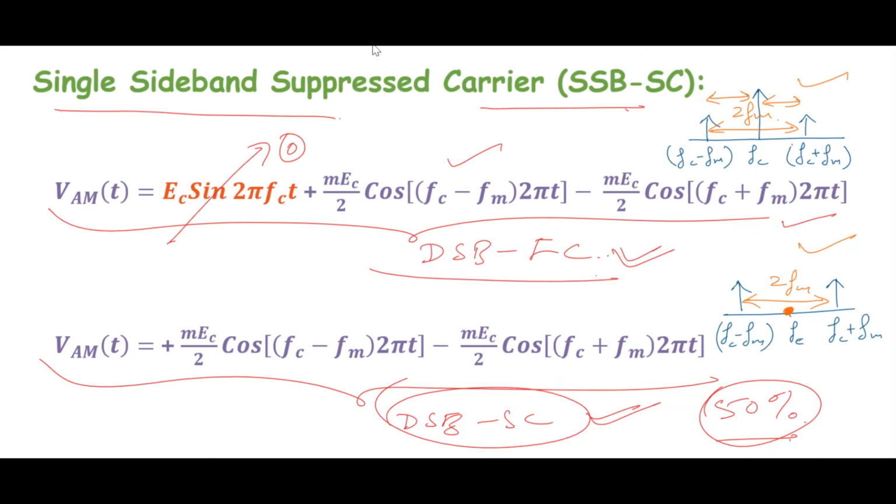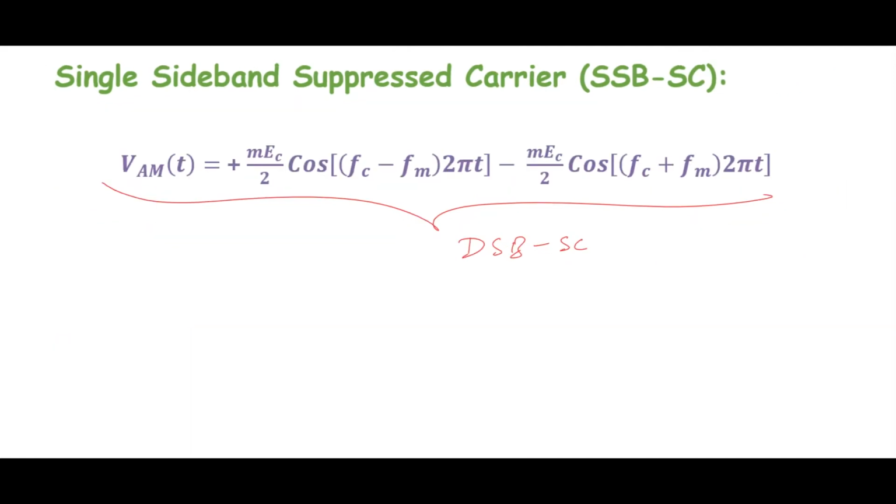Now the main idea of discussing this SSB-SC technique is to overcome this limitation of DSB-FC and DSB-SC waveforms. That means we'll try to increase the bandwidth efficiency of the channel or transmission.